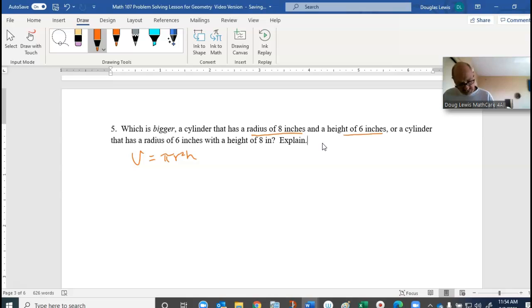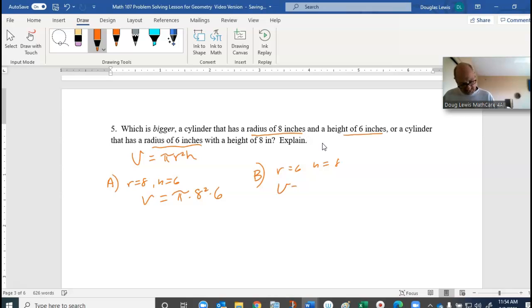So let's call this A. When the radius equals 8 and the height equals 6, the volume is going to be pi times 8 squared times 6. And for, let's call it cylinder B, it's a radius of 6 and a height of 8.